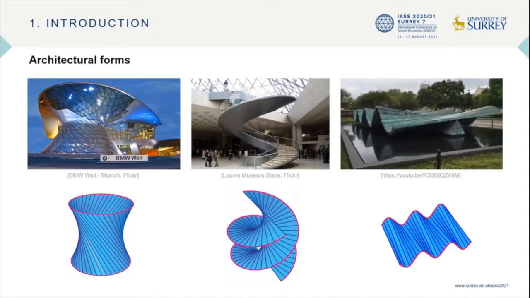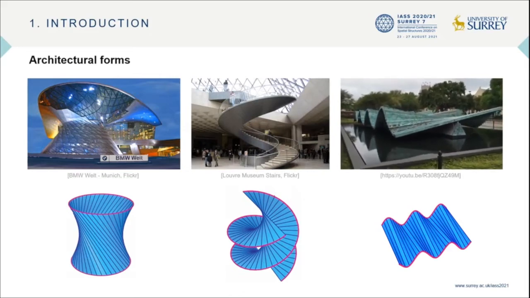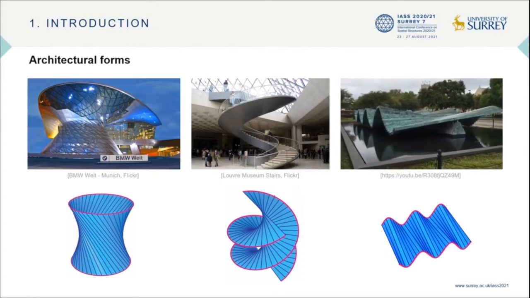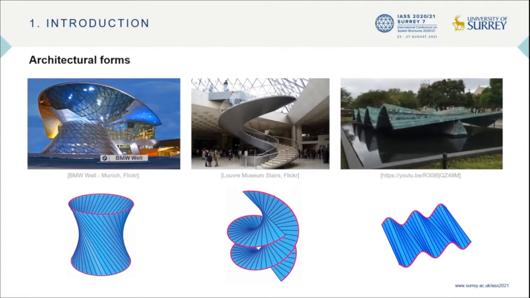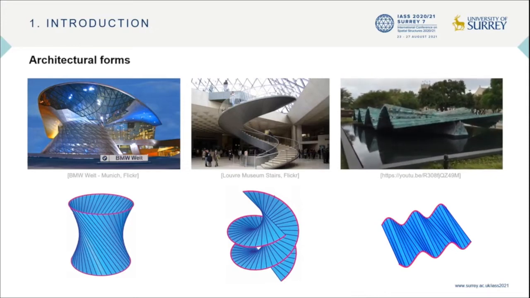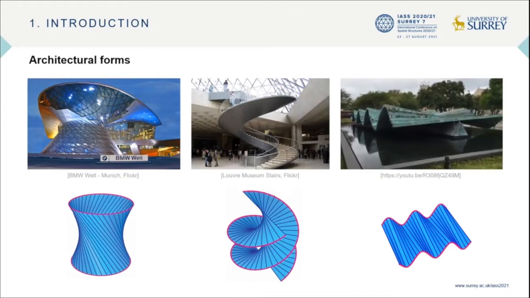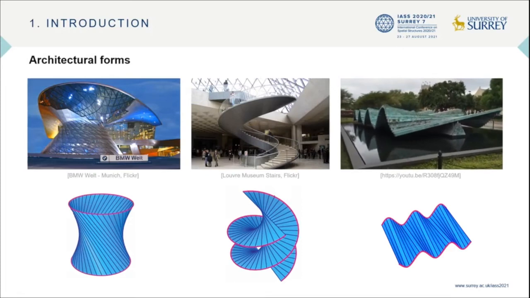Although ruled surfaces can create many elegant architecture forms, we believe that there is a huge potential to create a rich variety of new architecture forms by introducing curved rulings into ruled surfaces. To this end, we are making a fundamental change to existing ruled surfaces by replacing the straight lines with curved rulings.